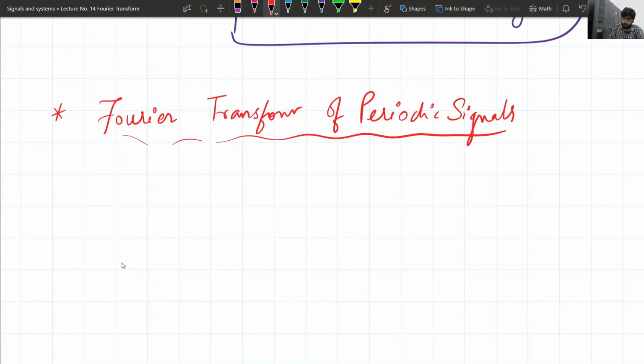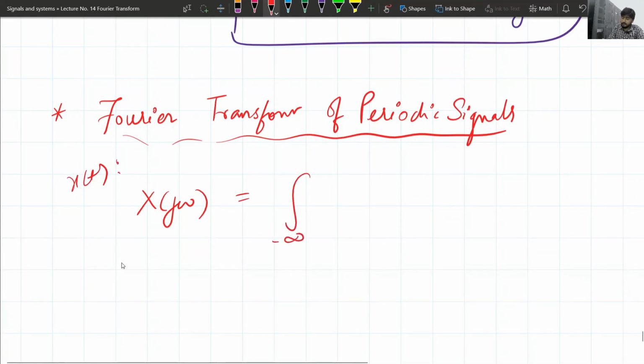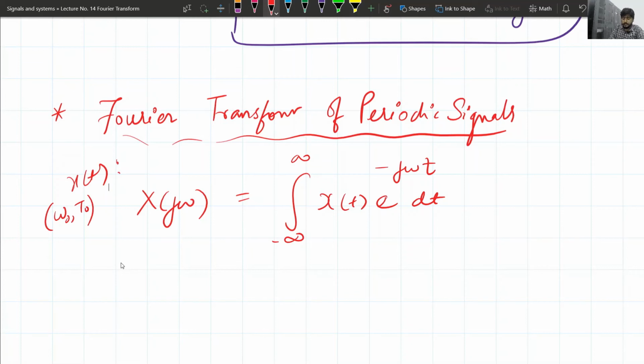Now, let's say for any periodic signal x(t), its Fourier transform will be integral from minus infinity to infinity of x(t) e to the power minus j omega t dt. Let's say x(t) is a periodic signal with fundamental frequency and time period omega naught and T naught.